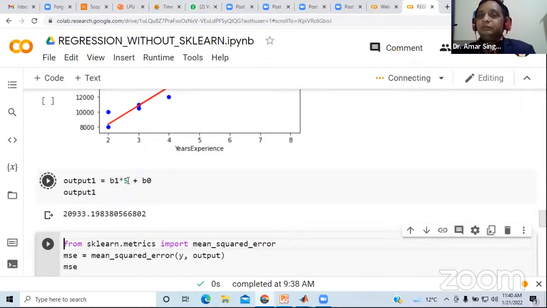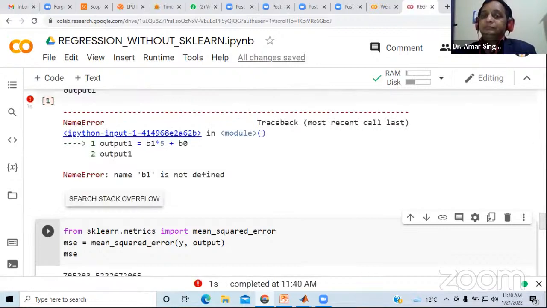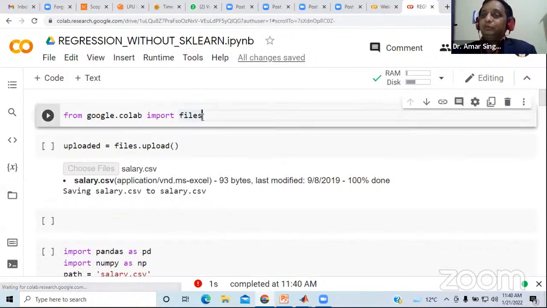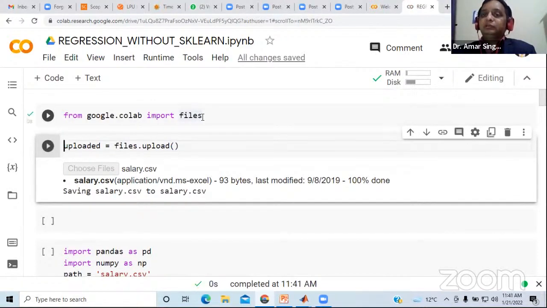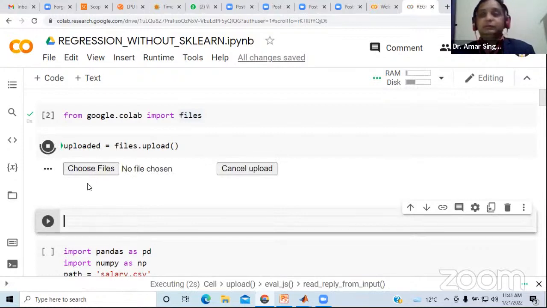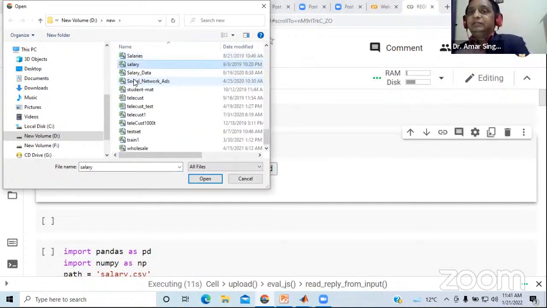Let me check whether Google Colab is working right now on my system. So it is executing. Okay, just 1 minute. Let me import the package first. So I will import the files from Google. Then I will import my data set. The data set is the salary data set.